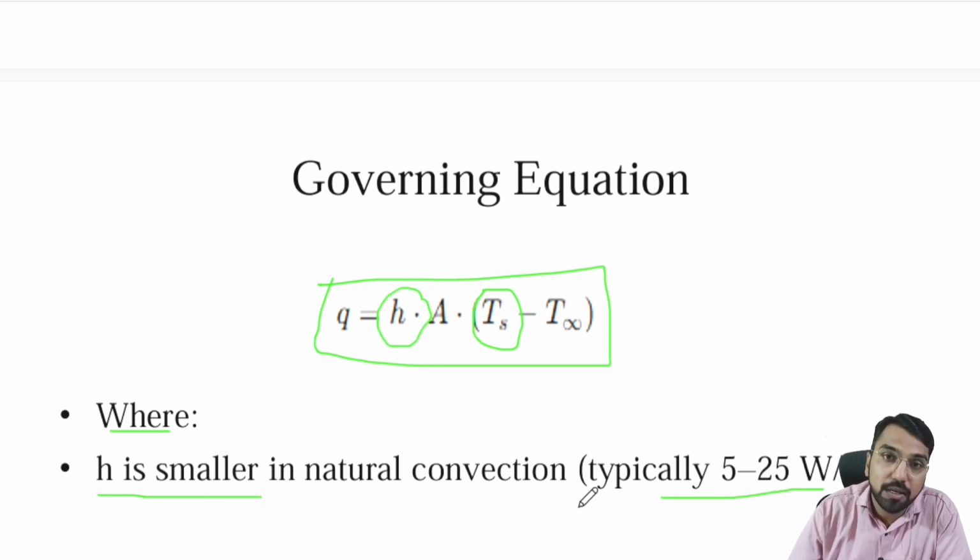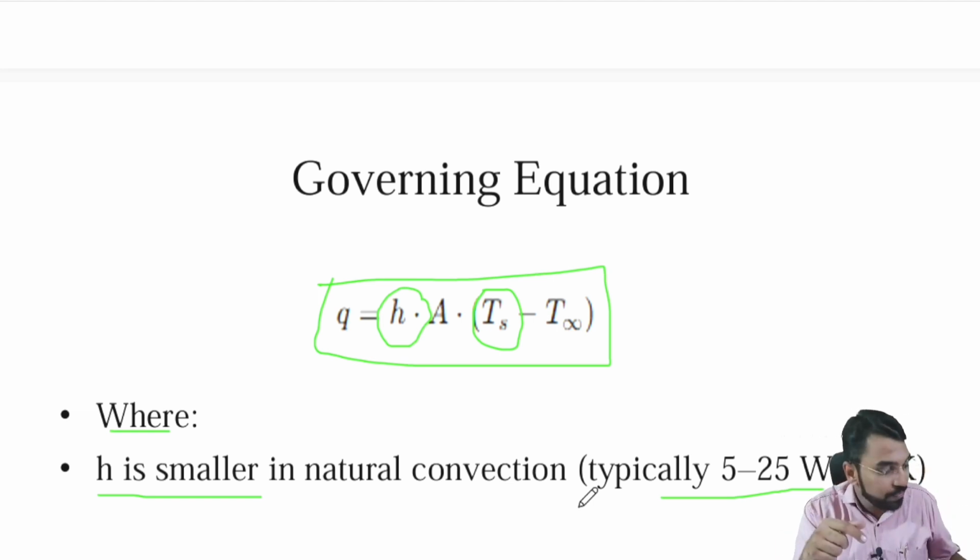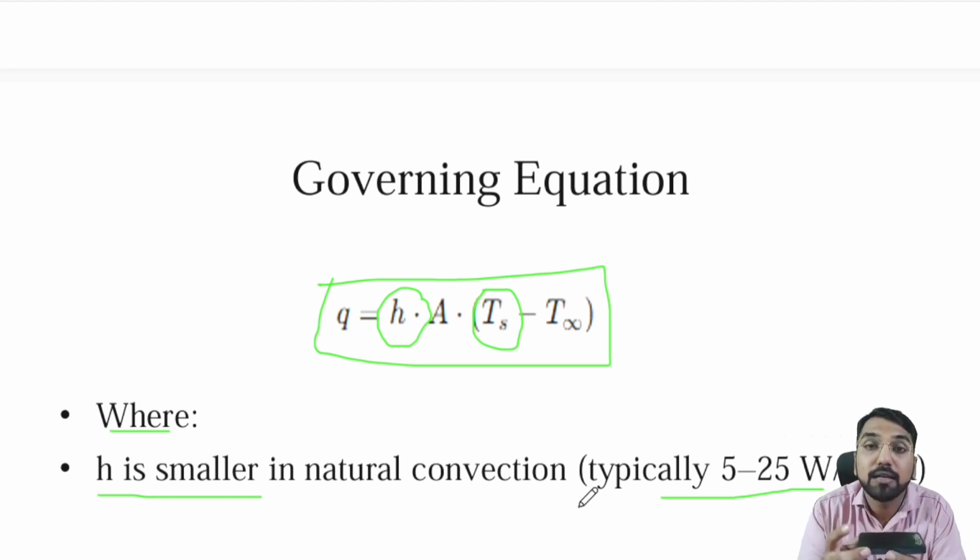Why? Because in natural convection heat transfer, the flow of fluid over the hot plate is governed naturally by the density differences, what we call a convection current. It is flowing not because of external work.